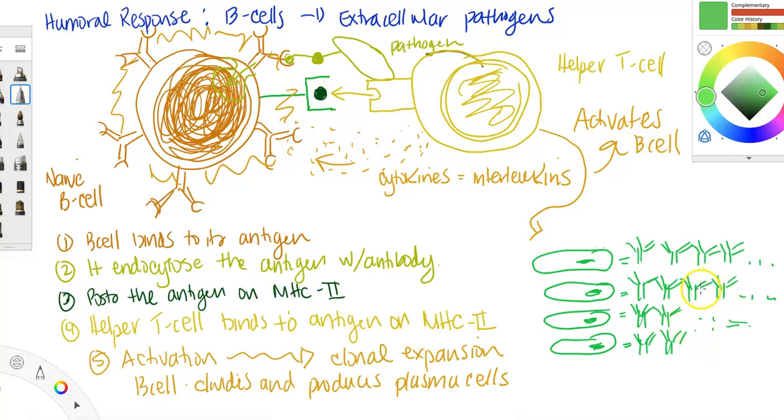The antibodies go out, and then they deal with the antigen, the pathogens that are there. Because they're going to bind to all the pathogen antigen receptors, and then deal with clearing them from the body. All right, so these are plasma cells.